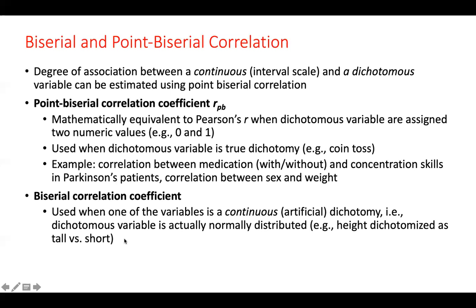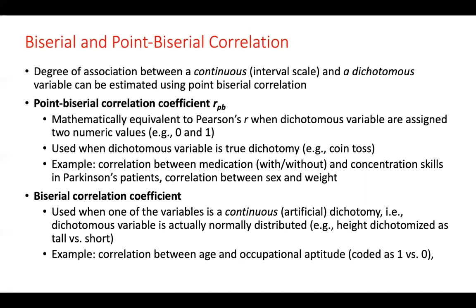Usually when we develop a test, we would use a point biserial correlation coefficient, despite the fact that we could assume that we have a continuum that underlies the response to a single item. But what we occasionally do in our research is artificially split a continuous variable. We dichotomize height, right, as tall versus short, or we have something like occupational aptitude that is coded as 1 versus 0. It's also reasonable to assume that there's actually a continuum underlying this ability or aptitude.